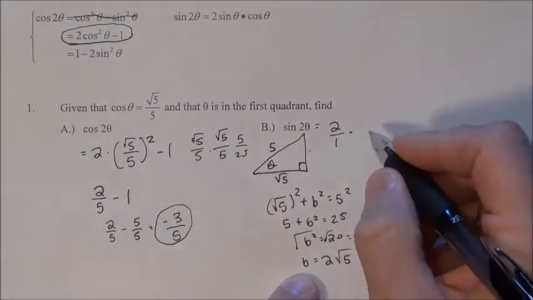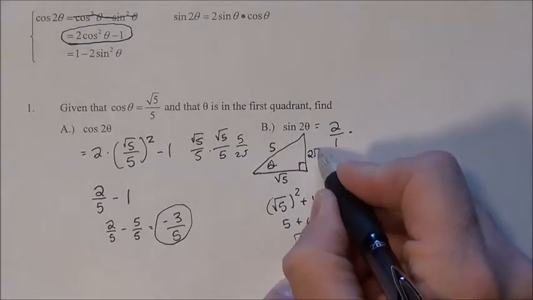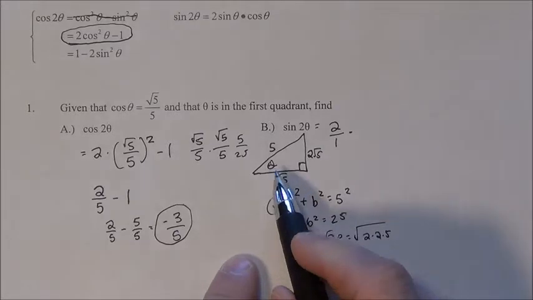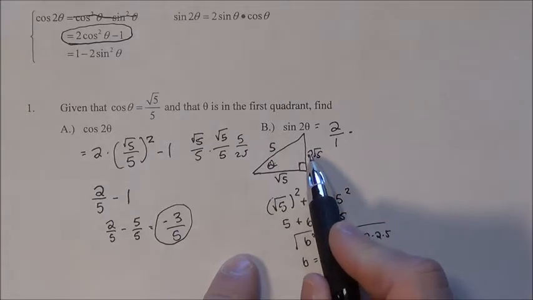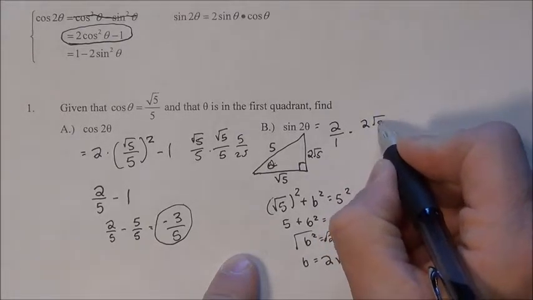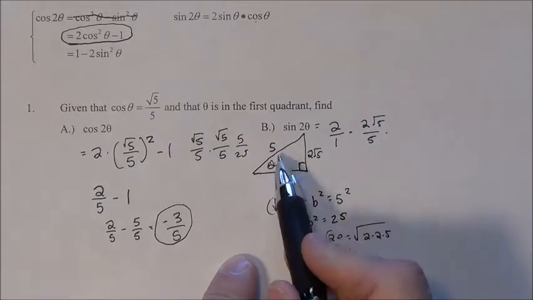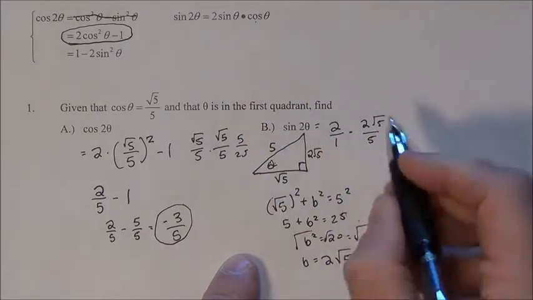Well, what is the sine value? We got b was 2 root 5 right here. The sine value is opposite, 2 root 5 over 5. It's 2 root 5 over 5 times the cosine value. What's the cosine? That's the adjacent, root 5 over 5.